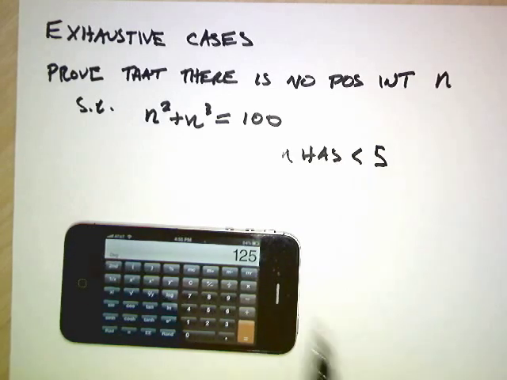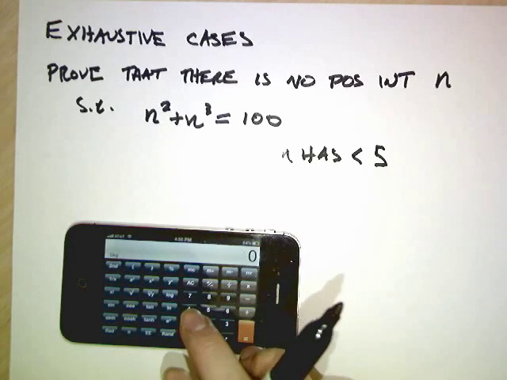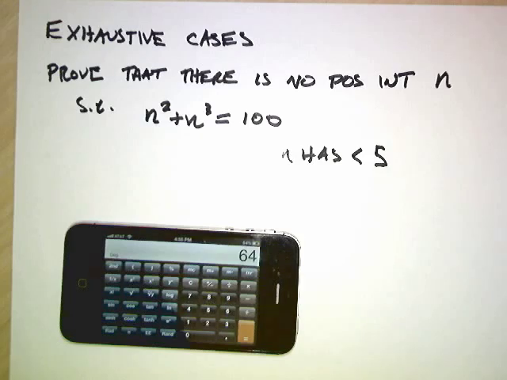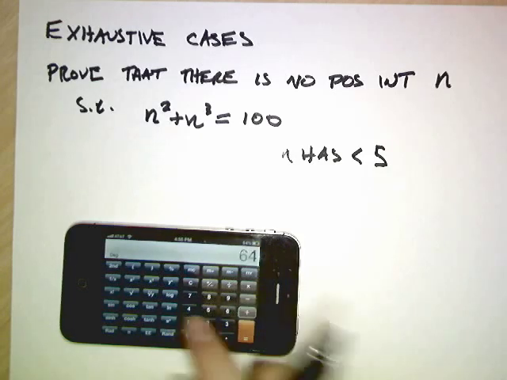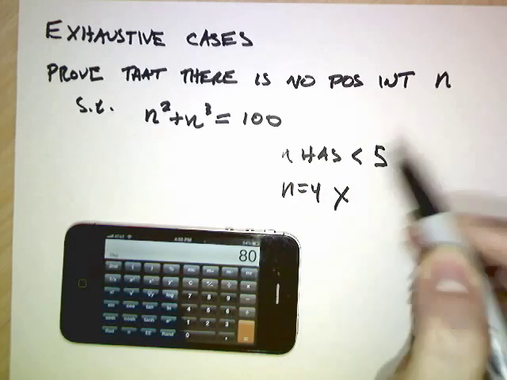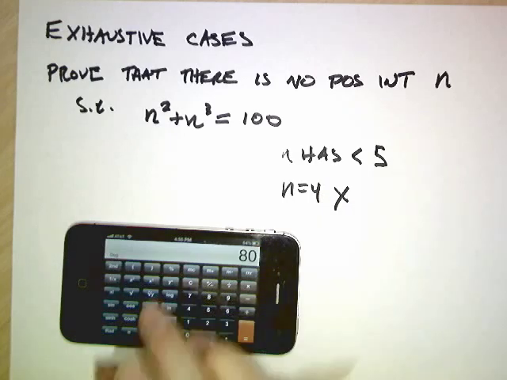Already 5 is too large because 5 cubed is 125. So we can just start checking. How about 4 cubed? That's 64. And what's 4 squared? It's 16. That's 80. So n equals 4 doesn't work because 4 squared plus 4 cubed is 80.